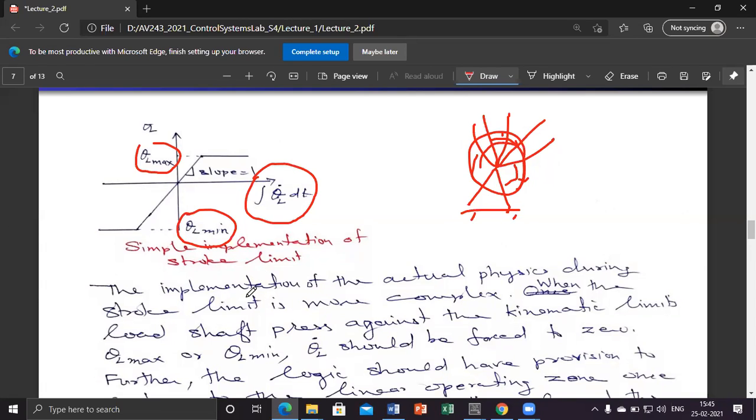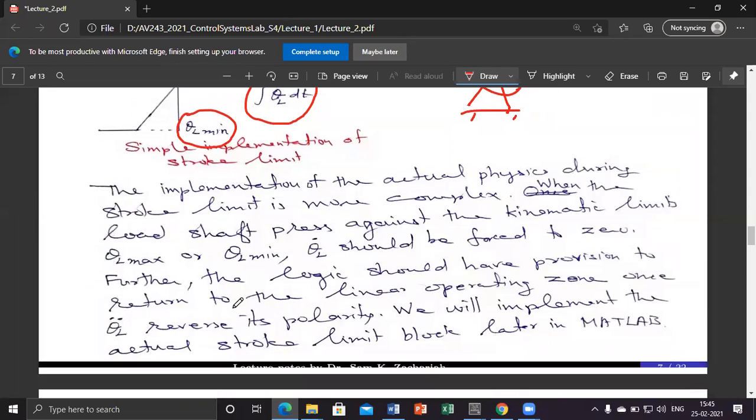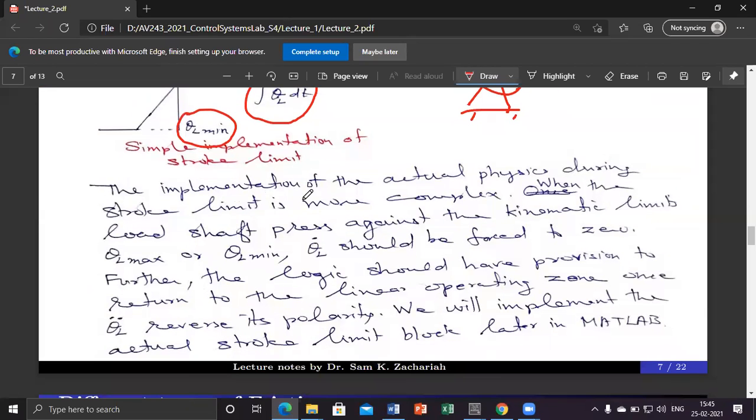But the actuator stroke limit is something more than that. What I mean is, the implementation of the actual physics during the stroke limit is more complex. That is, when the load shaft presses against the kinematic limits, plus theta L max or theta L minimum, then theta L dot should be forced to zero, right?